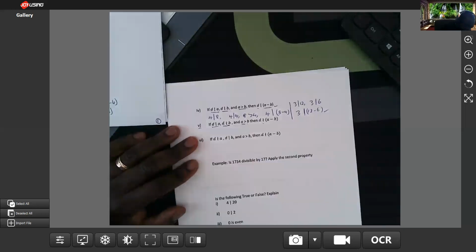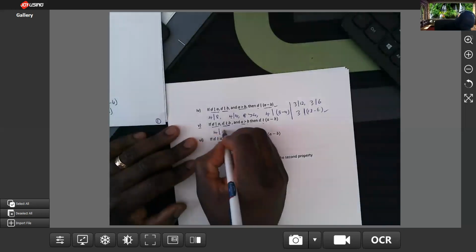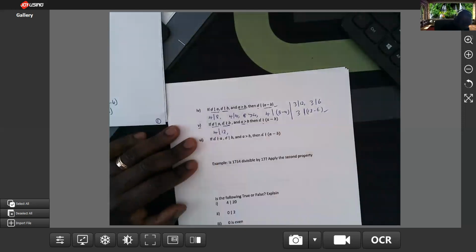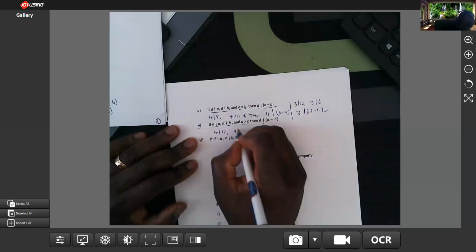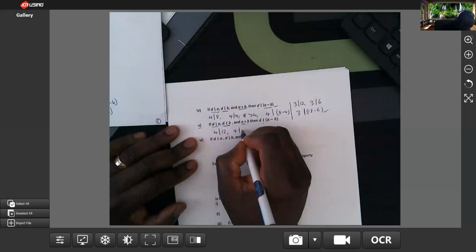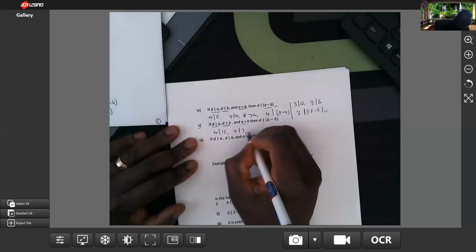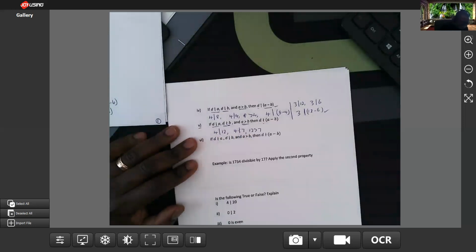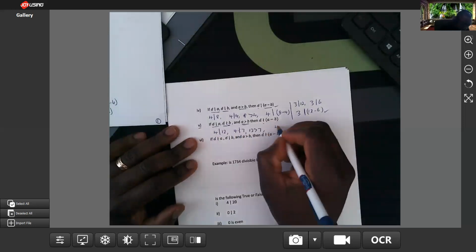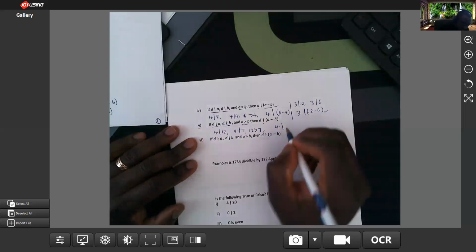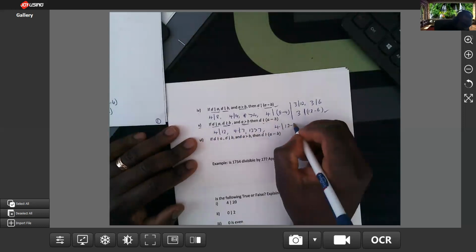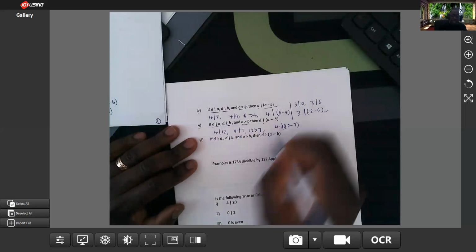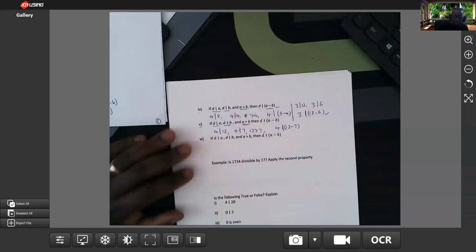So you have 4 divides 12, and we know that 4 doesn't divide 7. We know that 12 is greater than 7, which satisfies that condition. Therefore, 4 will not divide 12 minus 7.